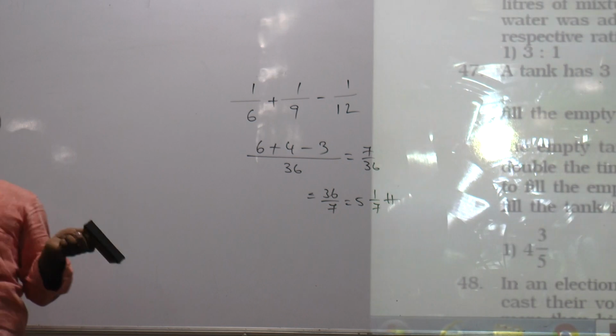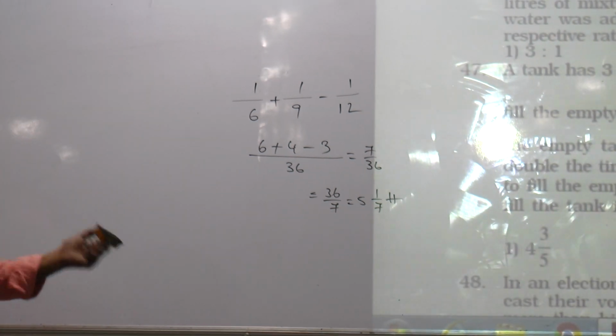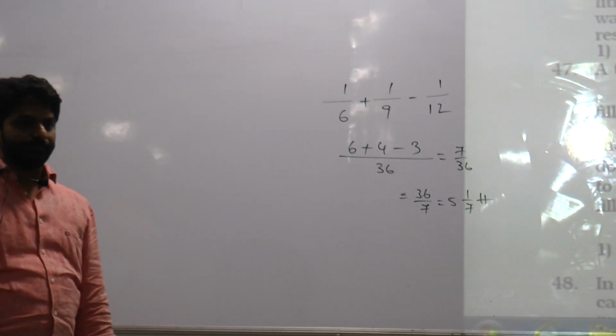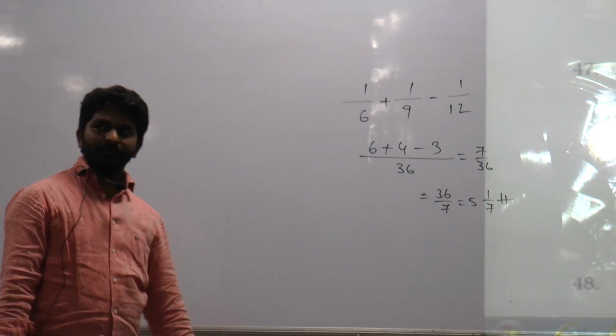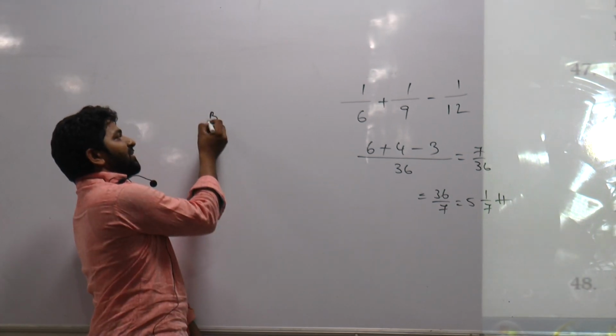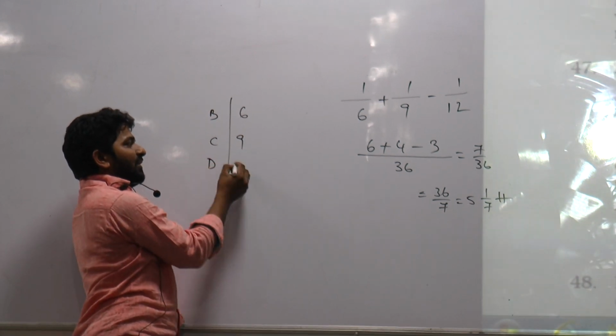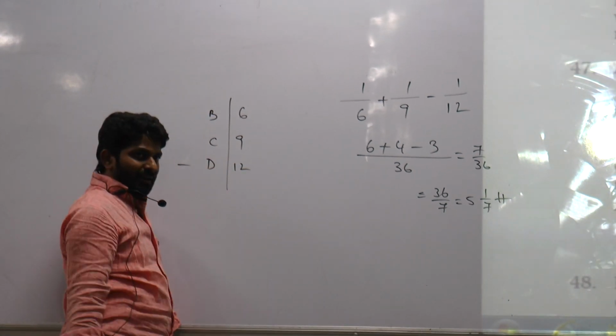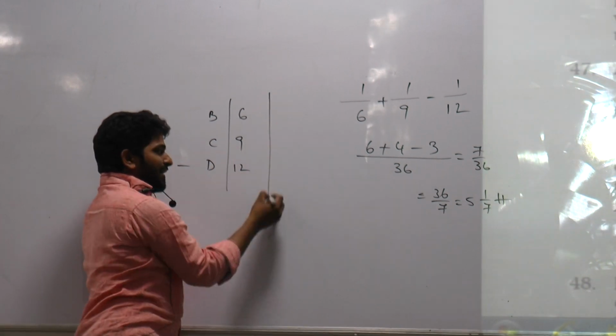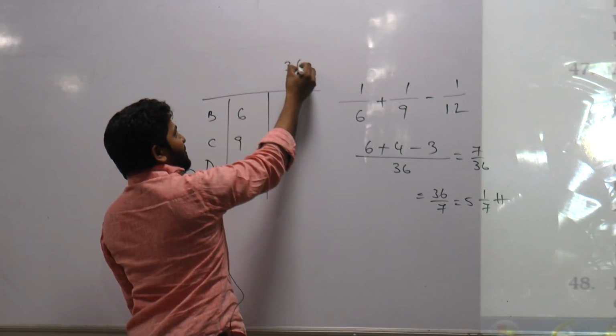You can even use the units method also. B takes 6 hours, C 9 hours, D 12 hours, which is an outlet pipe. LCM is 36 units.